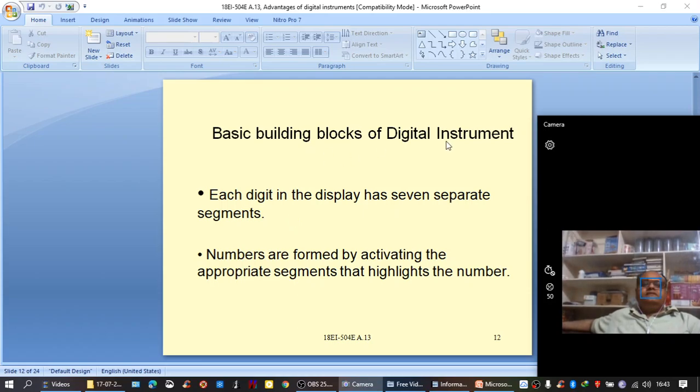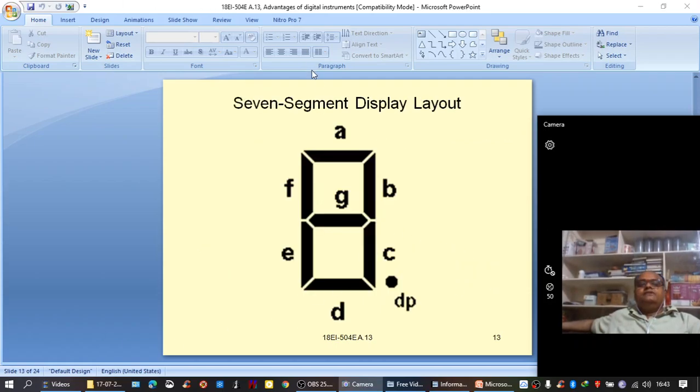Here in 7-segment display, each digit in the display has 7 separate segments. Numbers are formed by activating the appropriate segments that highlight the number. As I told already, the different bits or segments are named as A, B, C, D, E, F, G and DP.